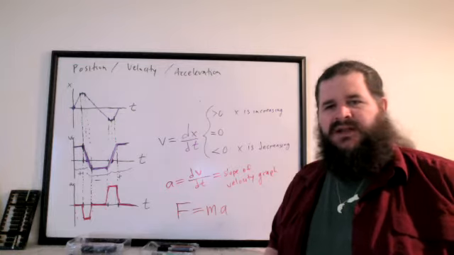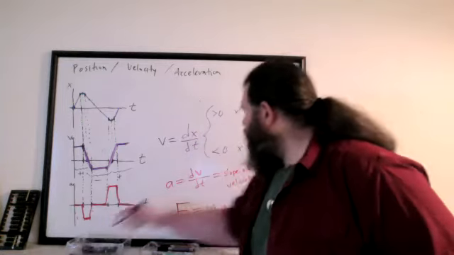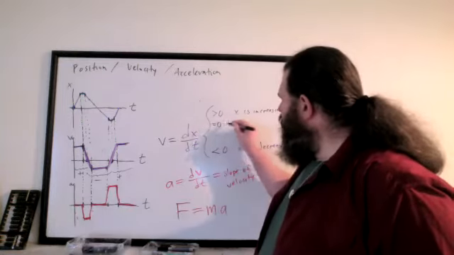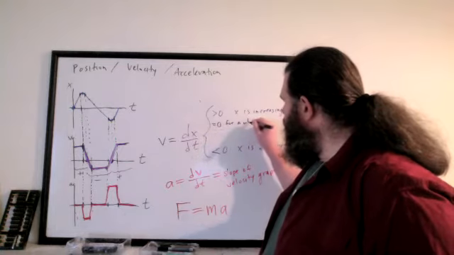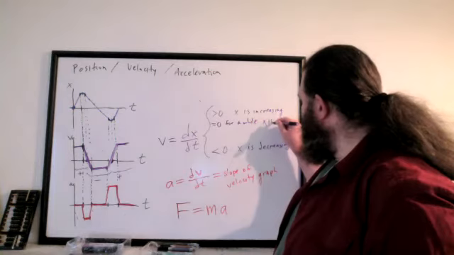It's constant. If it's 0 for a while. In fact, I should probably split this up. If the velocity is 0 for a while, then x is constant.